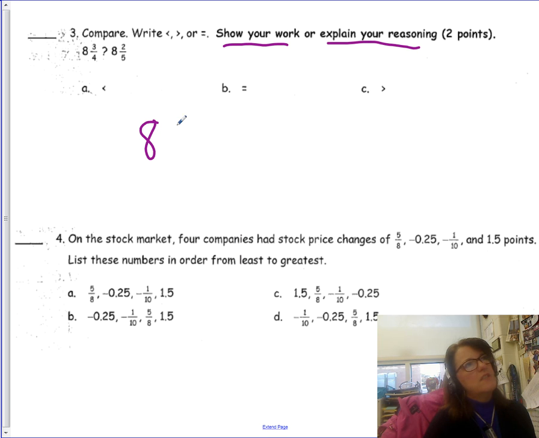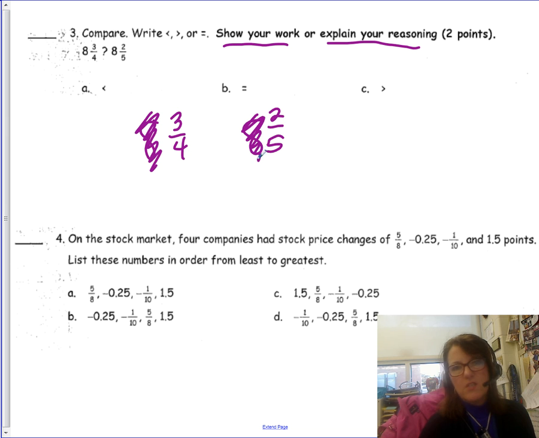Now, here's the deal. 8 3/4, 8 2/5. The whole numbers are exactly the same, so we're tied. And really, all I need to compare now is just the fractional part to figure out who's larger. 3/4 and 2/5. Well, you could change them both into decimals, but I'm guessing you probably would rather get a common denominator, which for fourths and fifths is 20.